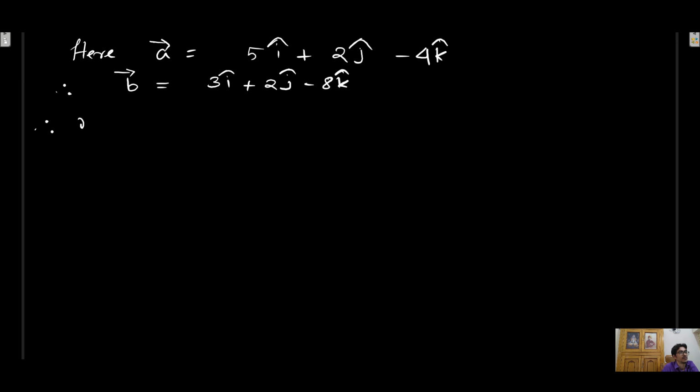Therefore the required equation of the line is r vector equal to 5i cap plus 2j cap minus 4k cap plus lambda times b vector, where r vector is the position vector of any arbitrary point on the line L. We have discussed it in the previous lecture.